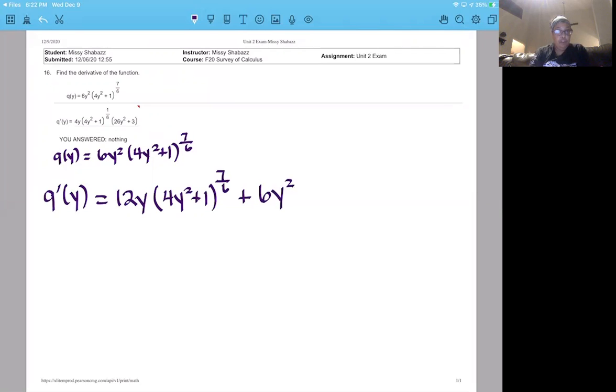We're going to have to use the chain rule. So I'm going to bring the 7/6 down, 4y squared plus 1, subtract 1 from the 7/6, which gives me a 1/6, times the derivative of the inside, which gives me 8y.